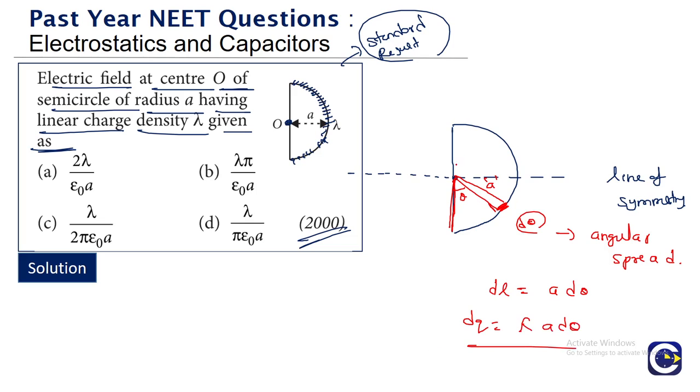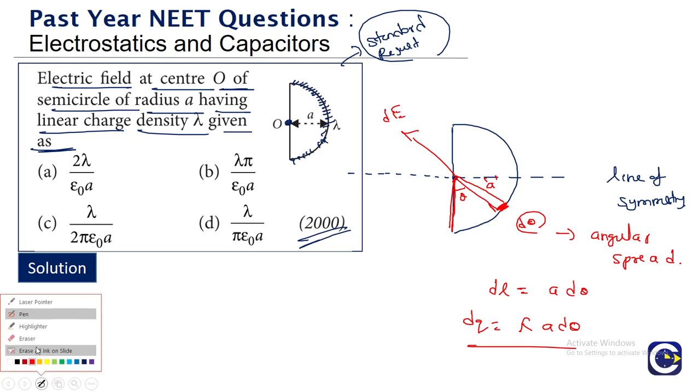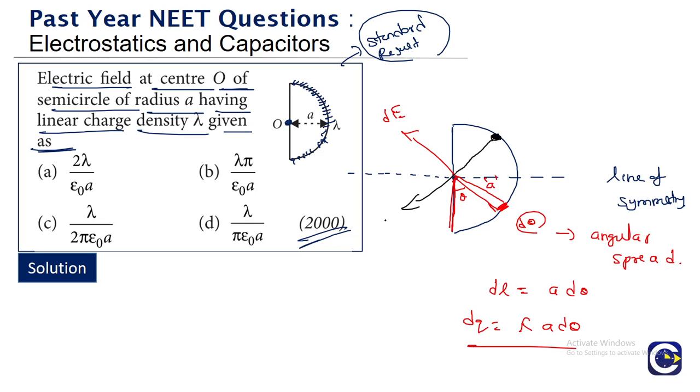Now this element will produce electric field like this. This is the small electric field. Now if we consider a symmetrically opposite element on this side, it will also produce electric field, but in this direction.